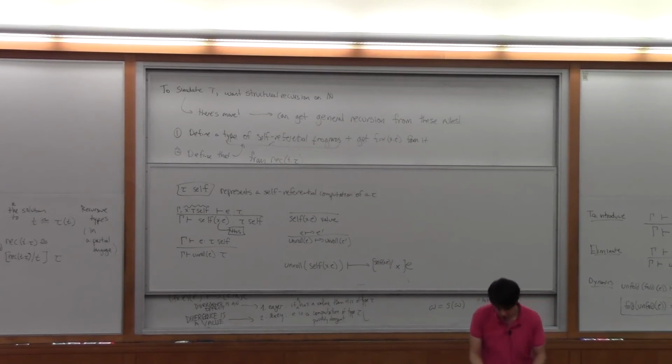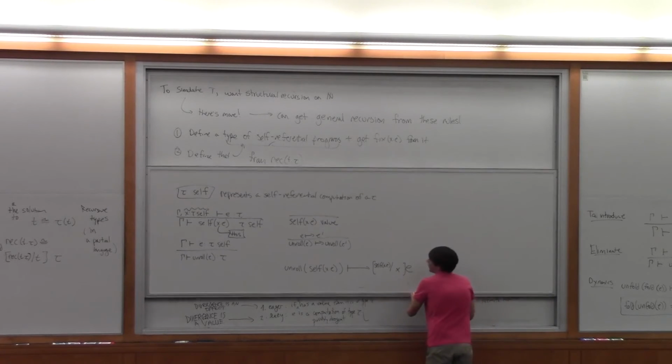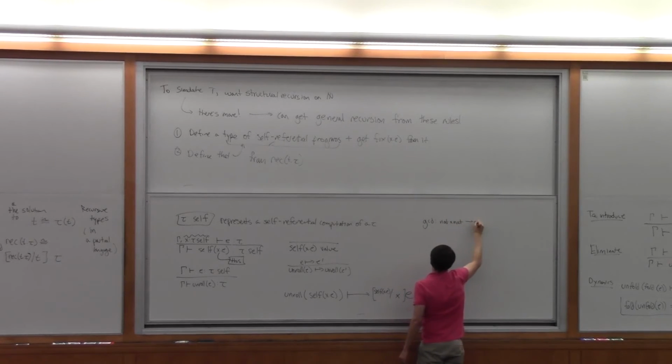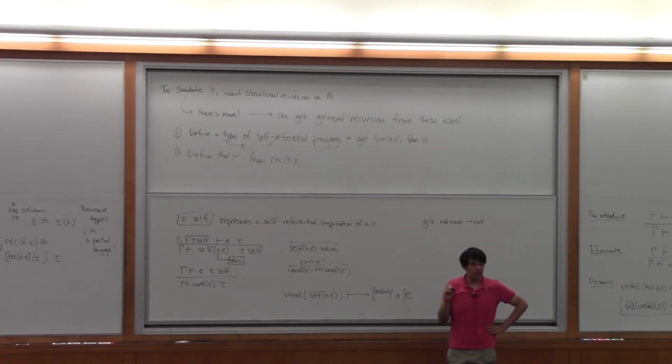Okay? So, for example, suppose I want a GCD function of type nat cross nat arrow nat, and I want to define it by general recursion. What does that look like?